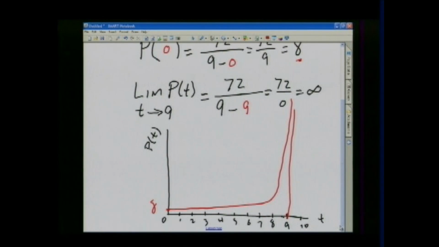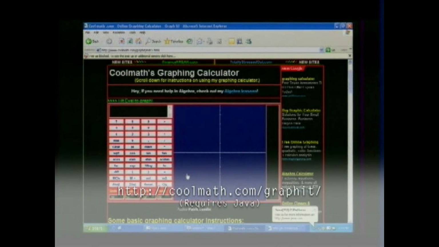If you have a graphing calculator, you can graph this very neatly. I put this on the blackboard as one of my favorite sites. Let me see if I can find it. There it is, coolmath.com, online graphing calculator.